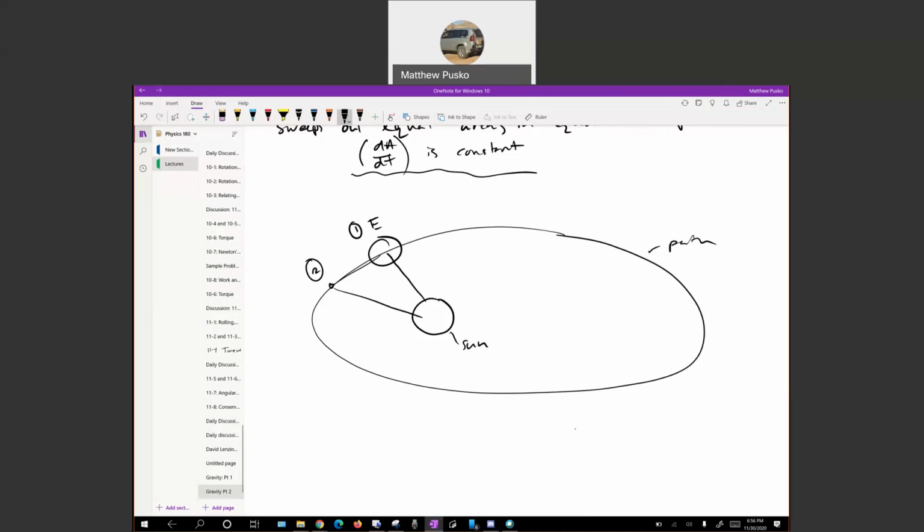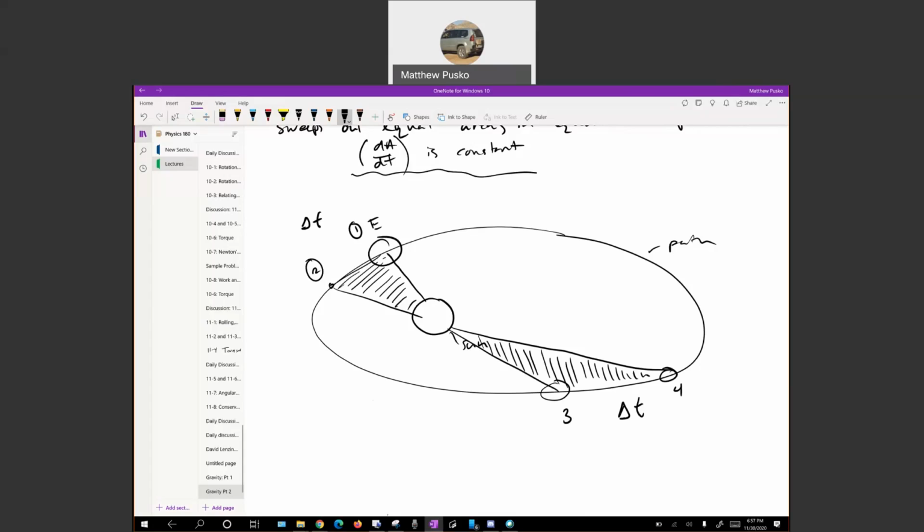If I calculate this area, and let's say it took some time delta t to travel from 1 to 2, and then I look at some other time, let's say from 3 to 4, but they have the same delta t, then the areas made inside these triangles are going to be equal.